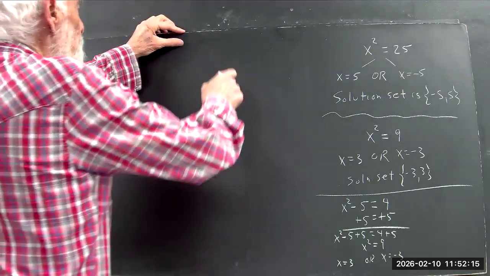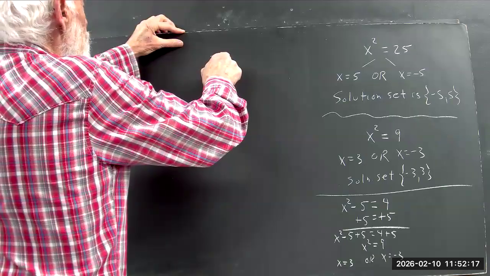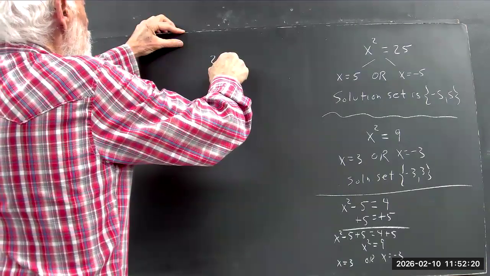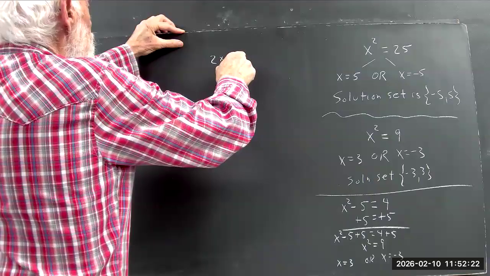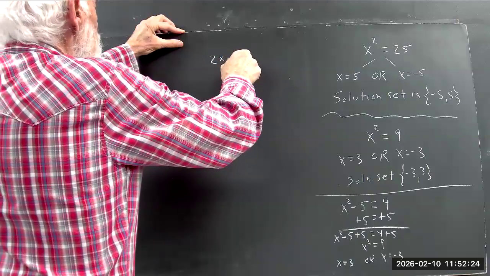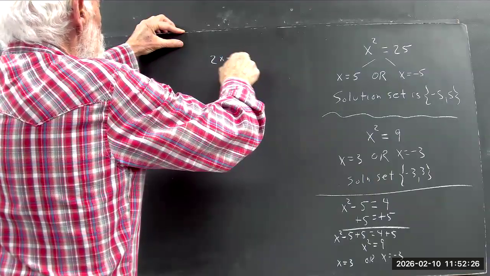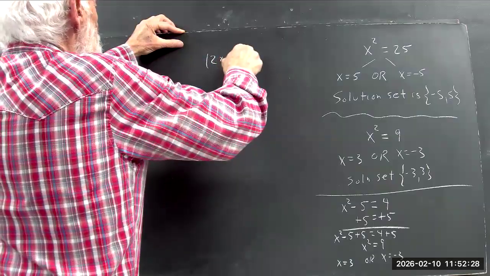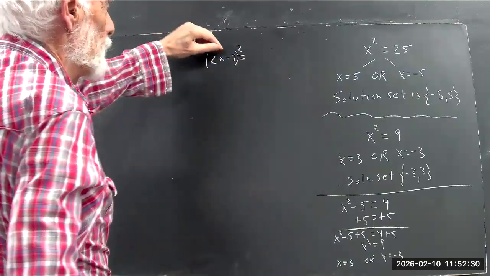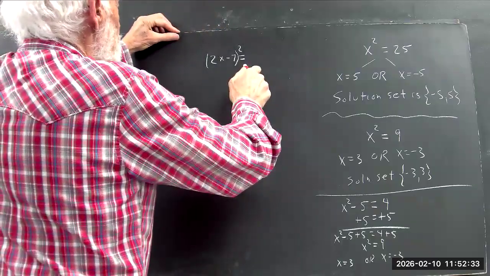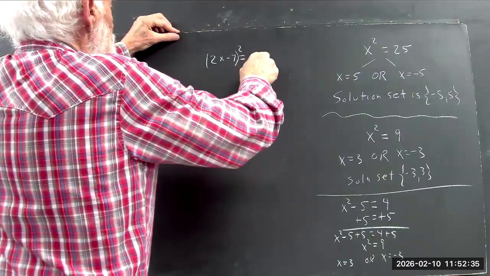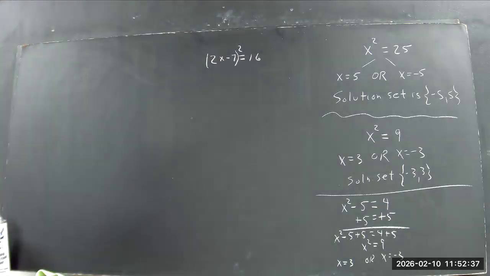How about this one? 2x minus 7 quantity squared equals 16.